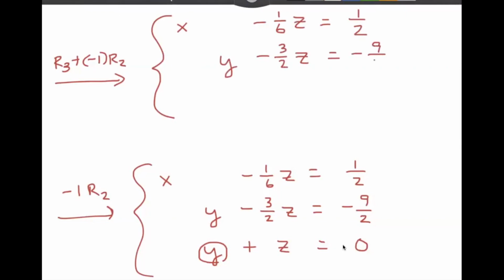Okay, but now, again, think of it as row 3 minus row 2. So Y minus Y cancels, that leaves 0. Z minus -3/2 Z. So you have to be careful. Think of that as what you're doing to the coefficients. So 1 minus -3/2, which is the same thing as 1 plus 3/2. 1 plus 3/2 is 5/2.